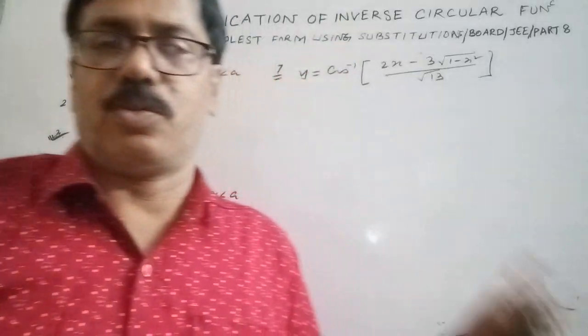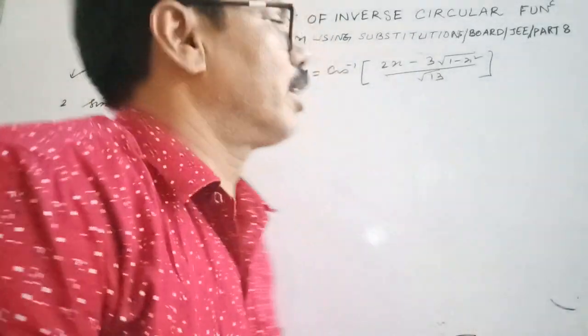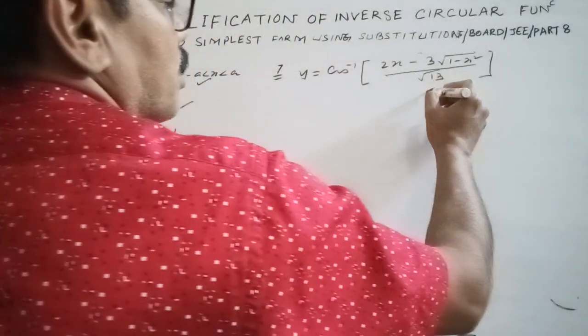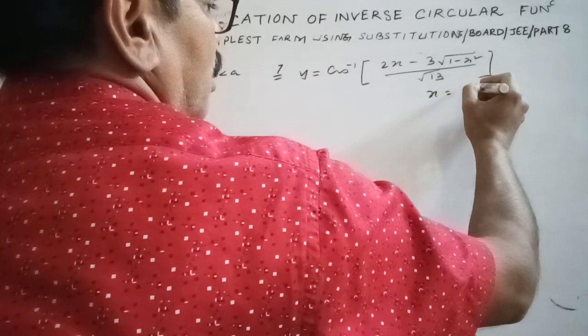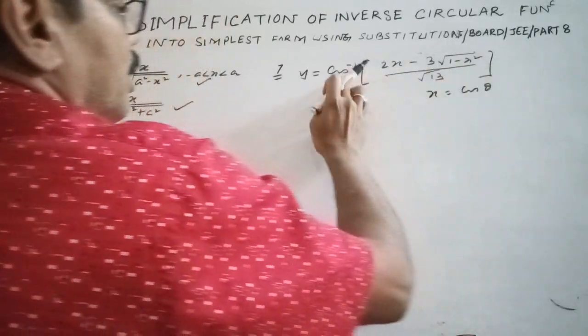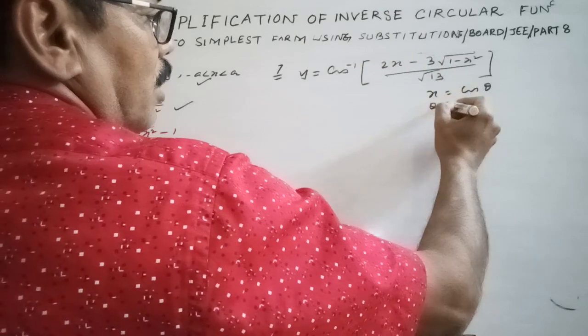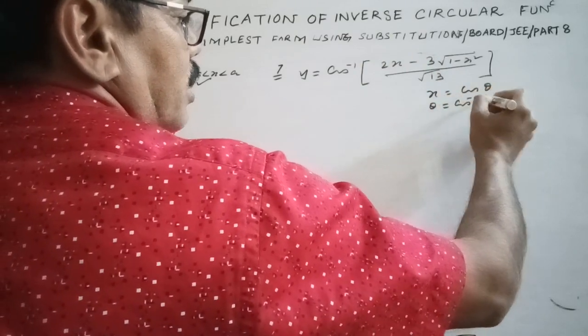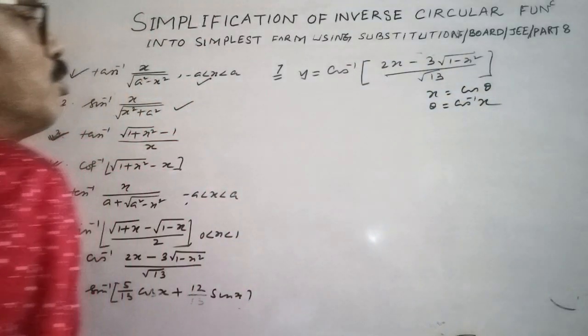So within root 1 minus x square, the transformation is x equals cos theta or sin theta. It is cos inverse, so write x equals cos theta, theta equals cos inverse x.